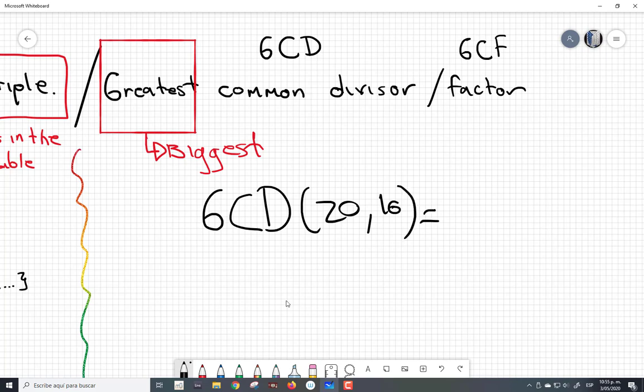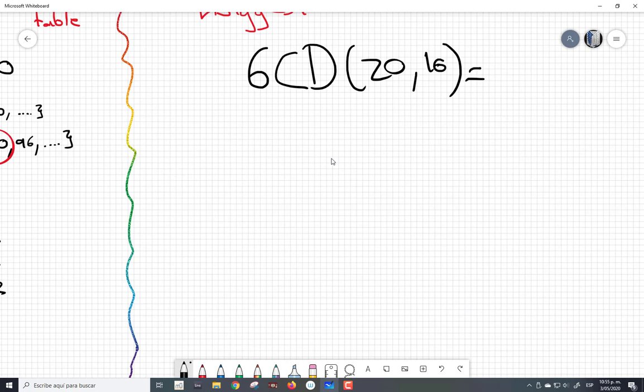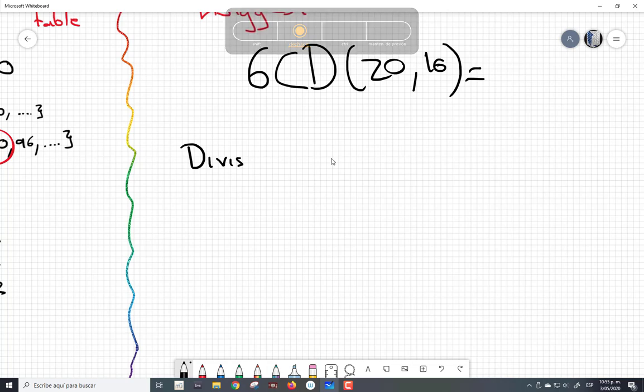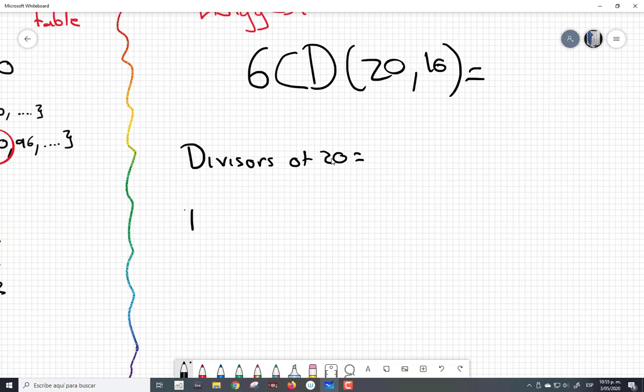is going to be. So let's write the list of the divisors or the factors. And the divisors of 16. So we did it in a previous video, so I am going to just write the factors, the divisors. Remember, it's the same. So 1, 2, 4, 5, 10, and 20.